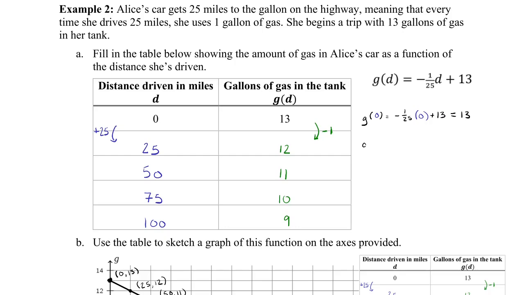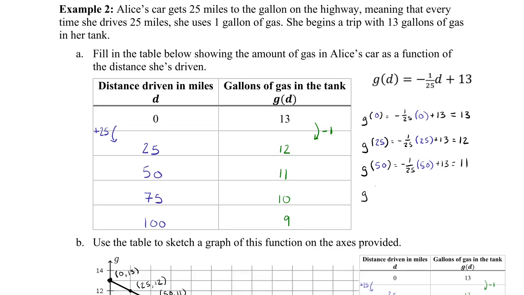When d is 25, we'll take g of 25, which is negative 1/25 times 25 plus 13, which does indeed work out to 12. When d is 50, we'll take g of 50, which will be negative 1/25 times 50 plus 13, which will indeed work out to 11.